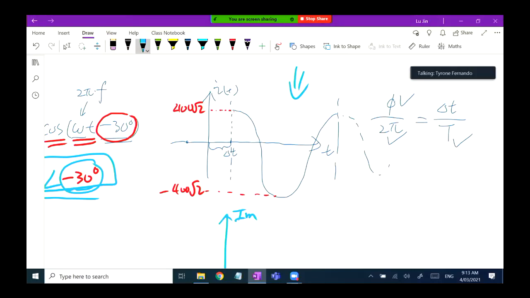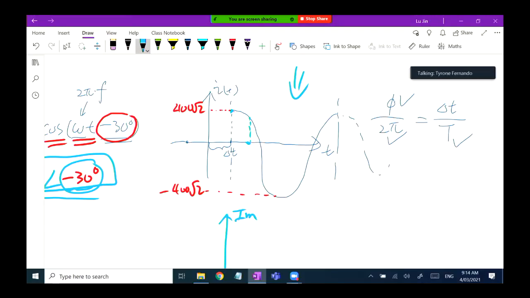At some moment after the peak current value here, at some other places, the current value is much lower than 400 times square root of 2. This is the feature of the AC currents, AC voltage, and AC power. So if we want to evaluate something like the power or voltage or current for the AC circuit, it's unfair to always use the maximum value. In such a case, we are going to use the root mean square value, or in other words, the average value.